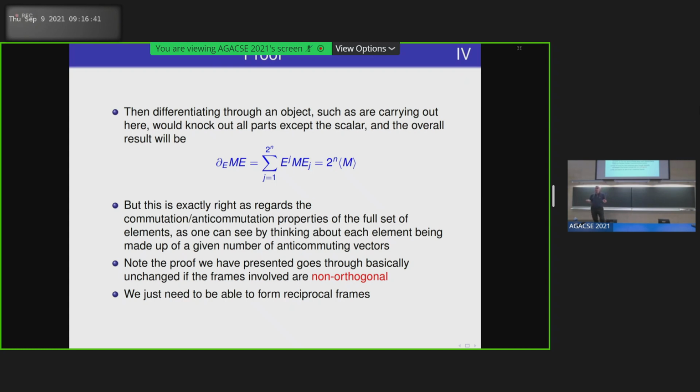And everything we said would apply actually completely equally to the case where the A's are non-orthogonal. All you need to be able to do is form reciprocal frames. So that's the limitation in the proof. We need cases in terms of dimension and signature where you can always form reciprocal frames. If you can do that, you're done. And this works.